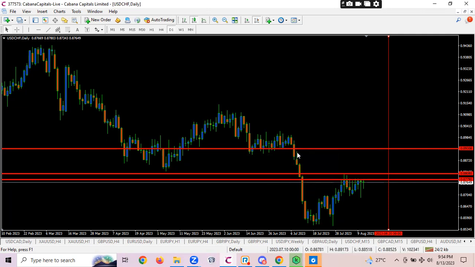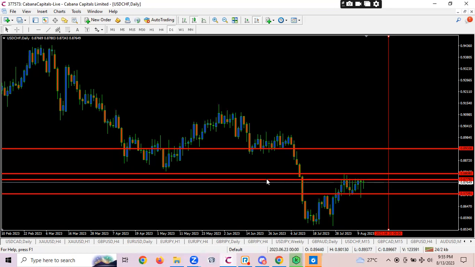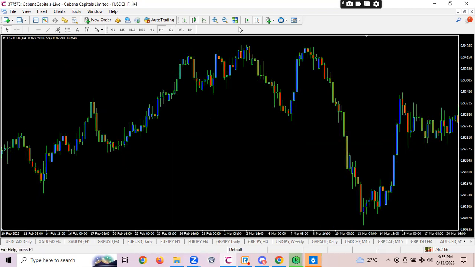As you can see, we have liquidity void at this level. So this void might be filled. So if this zone is broken, then we should see price aim for this previous support turned resistance. But if a support is broken, last week we had a support at this level. If this support is broken, let's go to 4-hour.